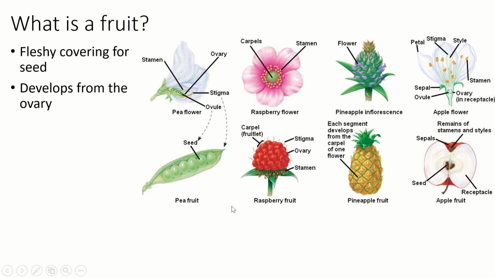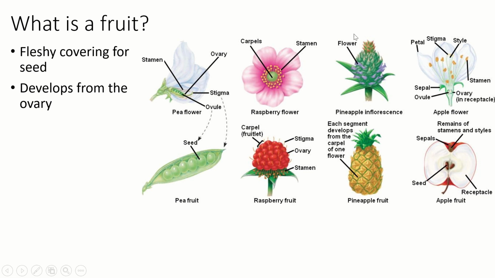A raspberry is actually a bunch of individual berries that came from a very complicated ovule with lots and lots of ovaries. The pineapple, each of these segments develops from a separate carpel or pistil in this flower.